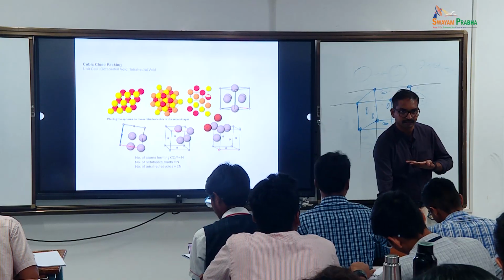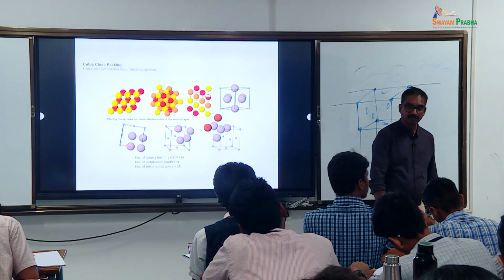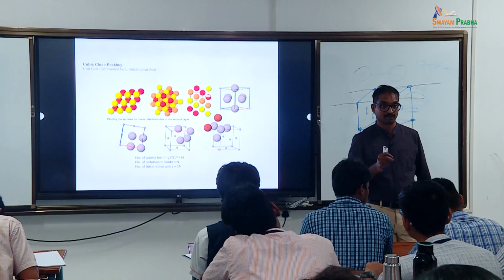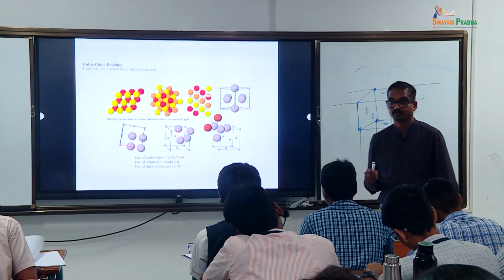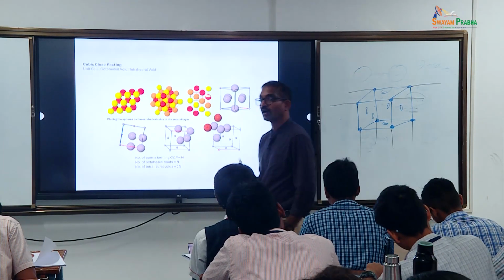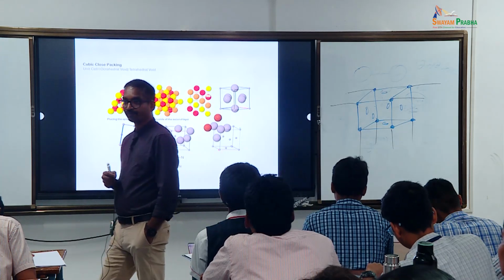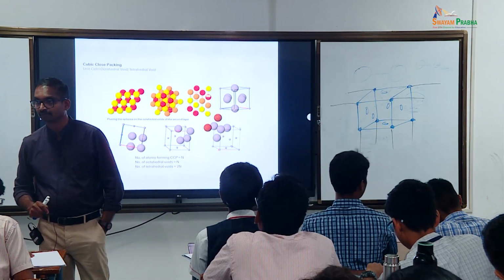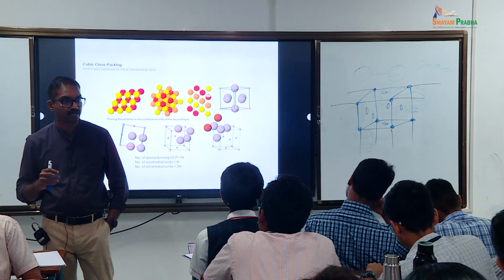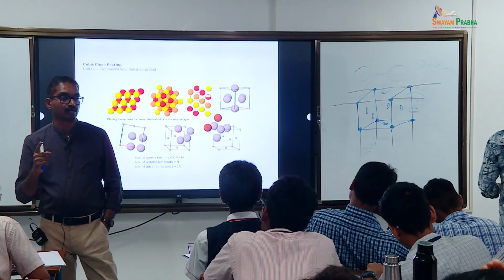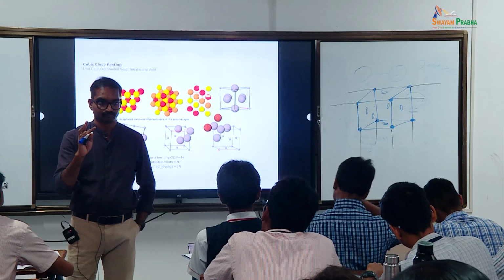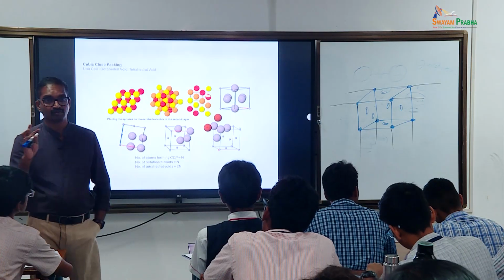Now that's what I have done here. You can see I have reduced the size of the corner atoms and kept the size of the face center atoms as such, so that now you can connect these 4 atoms. What is the shape you get? Square. And then connect them to these apex atoms. What do you get?